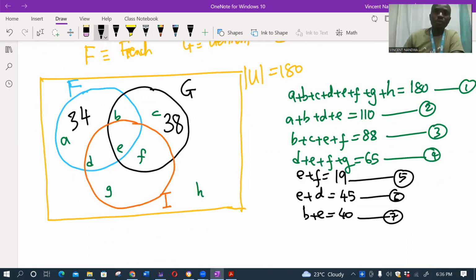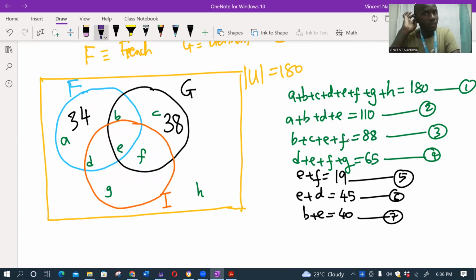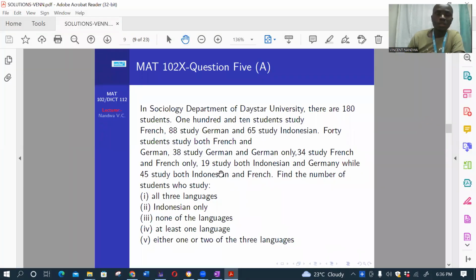Now, with this information, we can fill some sections of this Venn diagram. You see, B plus E is 40. So this part is 40. If I add 34 and I add this D, I should get the total values in the set F, and the total number of students who study French is 110.